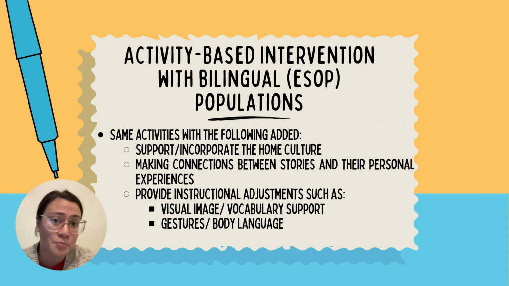So if you're reading a book, maybe find, if it's a Vietnamese child, one that depicts a Vietnamese child in the book, or a picture of a Hispanic child if you're talking about the Hispanic population. And also, you may want to try to connect what you're doing to their personal experience.